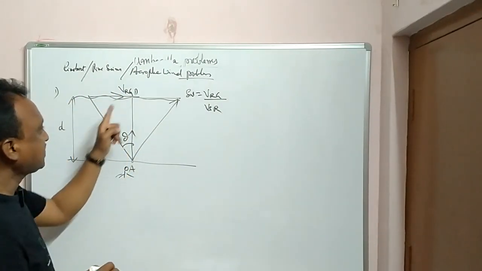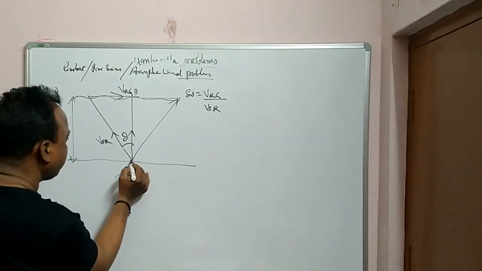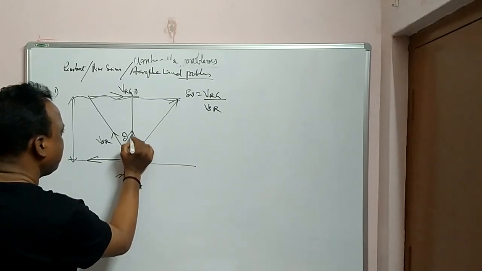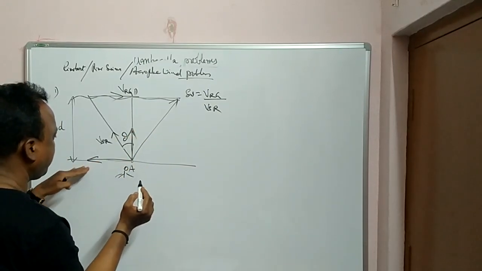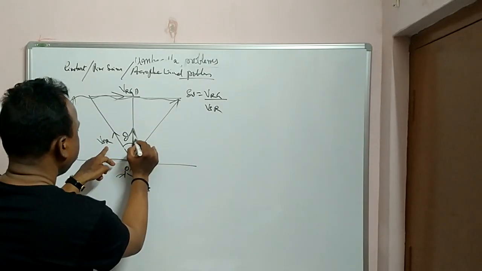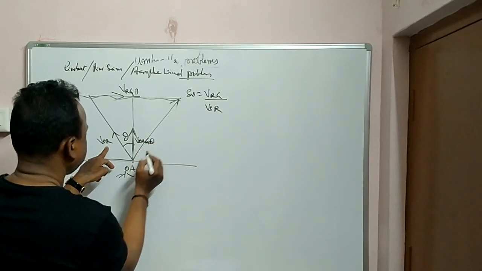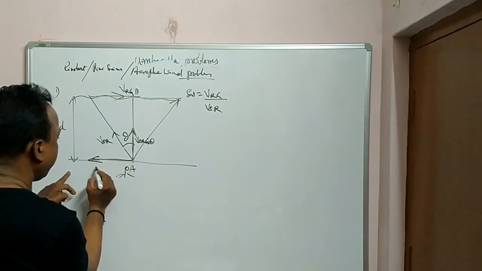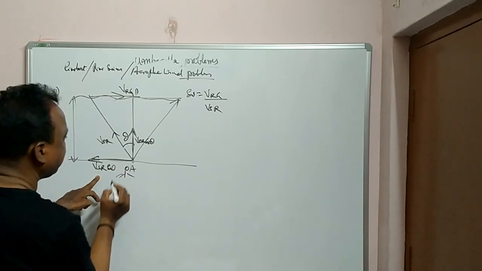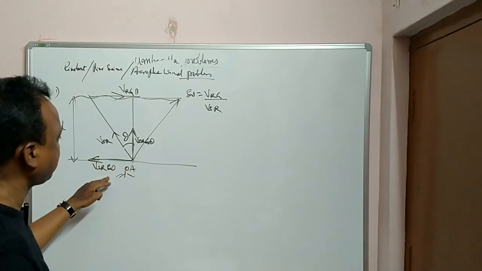Second, he has to overcome the drift also, because the swimmer's velocity has two components, horizontal and vertical. The horizontal component is V_SR cos theta, the velocity of the swimmer with respect to river times cos theta, and the vertical component is V_SR sin theta.